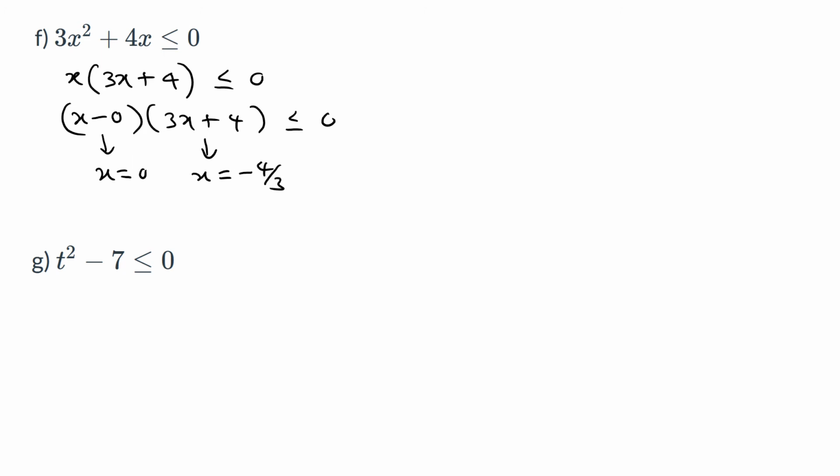And then we're going to mark them on the number line. So we have 0 and negative 4/3, and the same argument, plus minus plus. So we are looking for where it is negative, so that means it's in between, so this region.